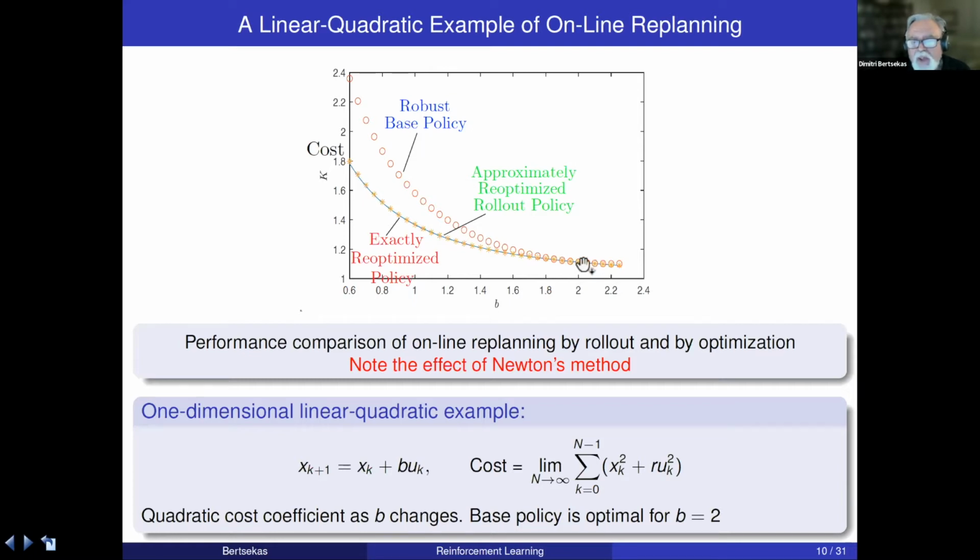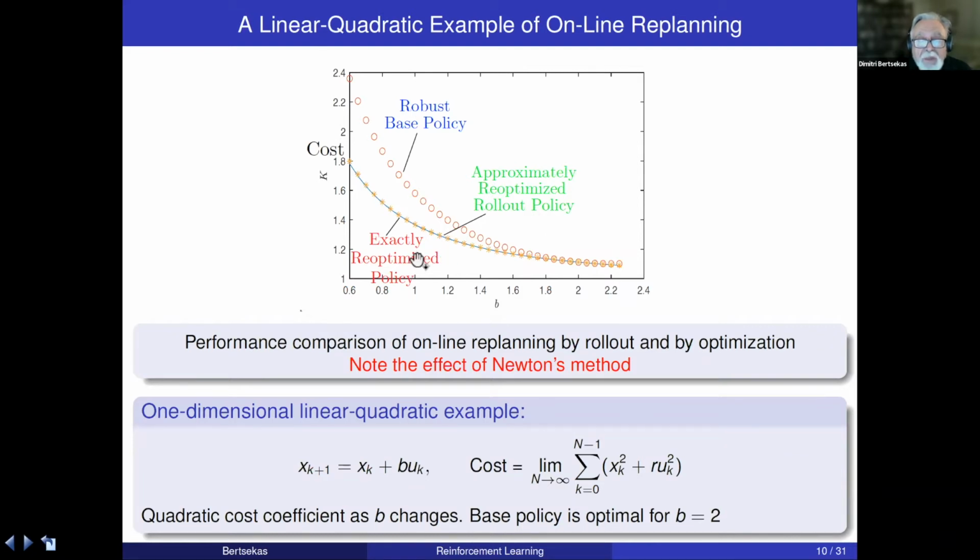And the base policy is optimized for 2, but it's left at 2 as the parameters change. And then you lose that much, okay? Because this policy is not optimal for the new parameters. And it incurs a certain loss, optimality loss, which of course, as the parameters deviate more and more from the nominal value, this difference becomes larger.